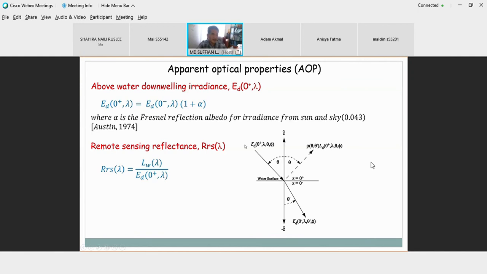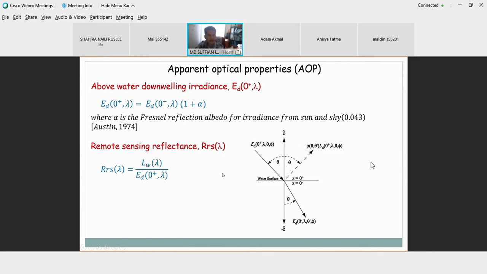Alpha is the Fresnel reflection albedo, about 4%. From water-leaving radiance and downwelling irradiance, we can calculate remote sensing reflectance: Lw divided by Ed(0+), Ed just above the surface.